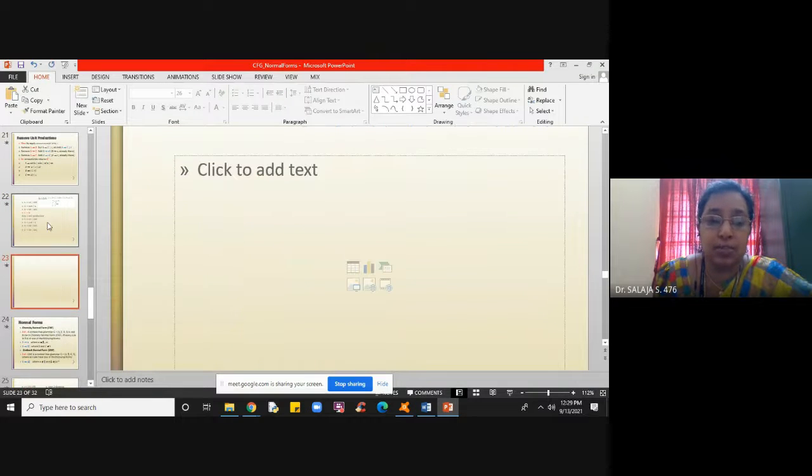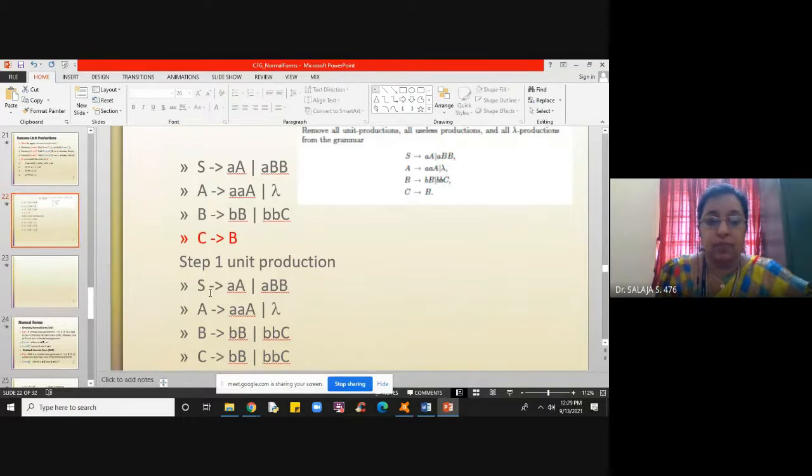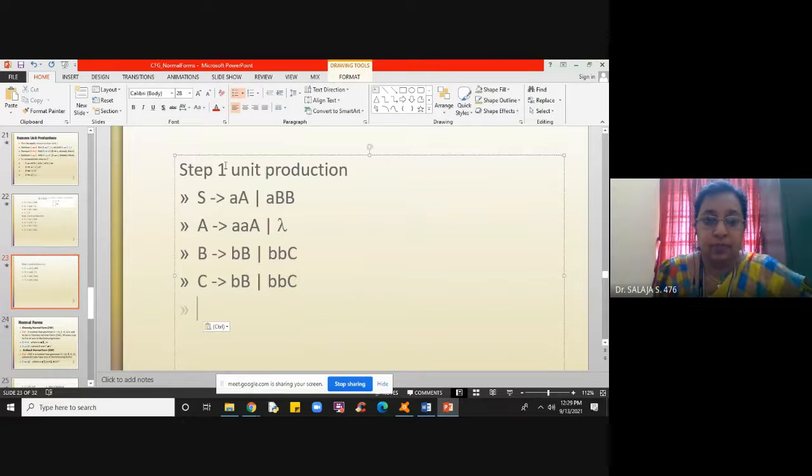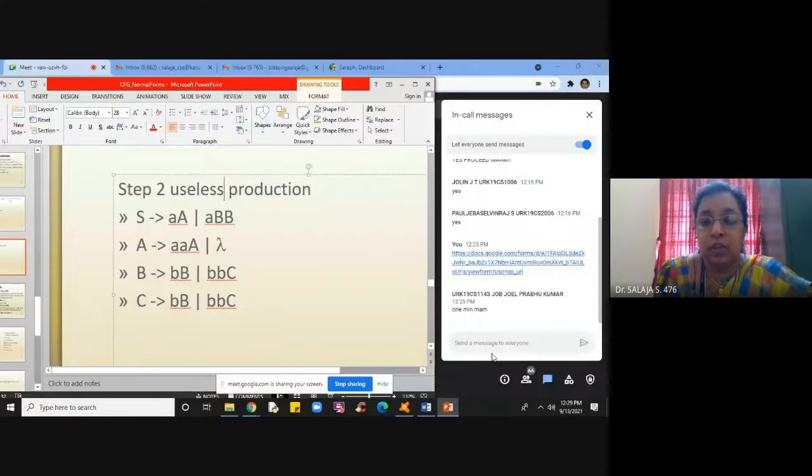remove the useless production. We'll remove the useless production in the second step. Now tell me which one is a useless variable. Which one is a useless variable? You can put it onto the chat box.